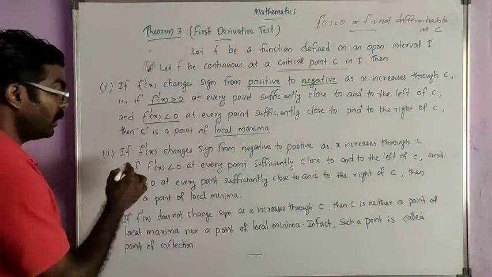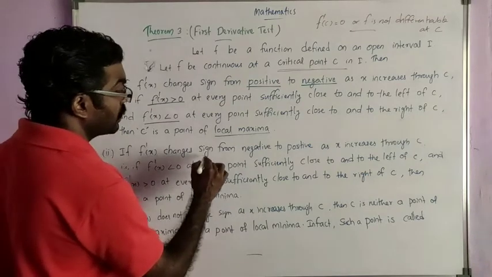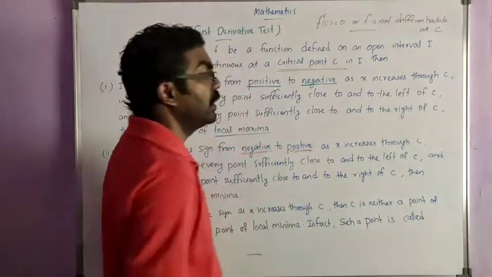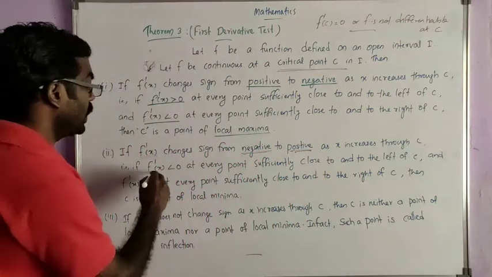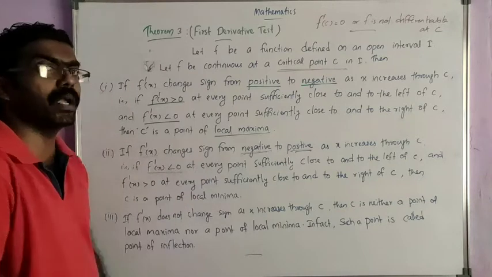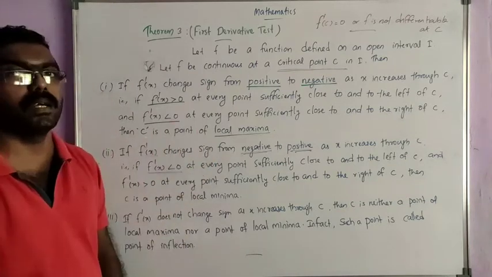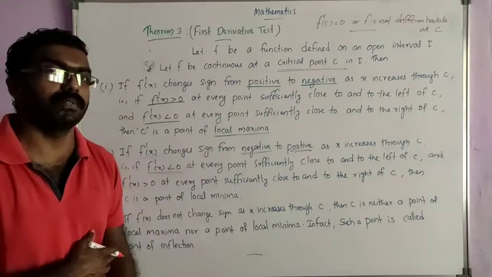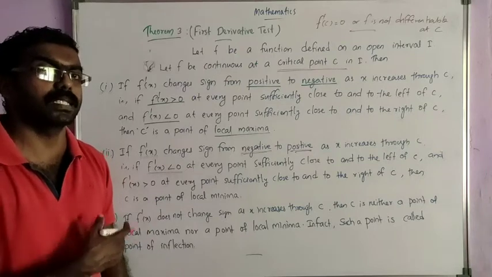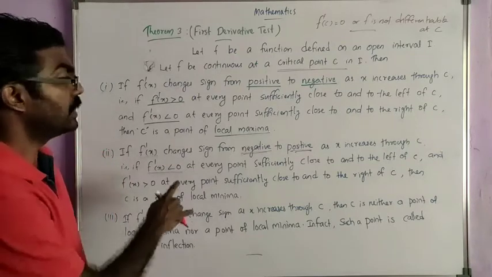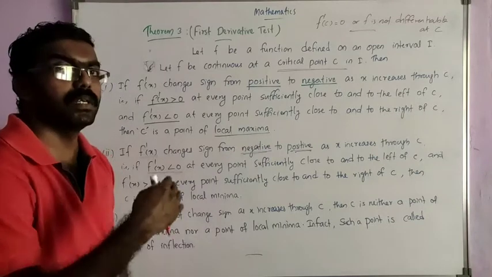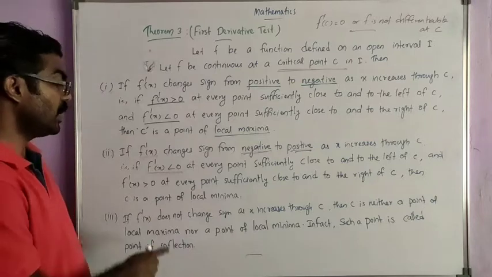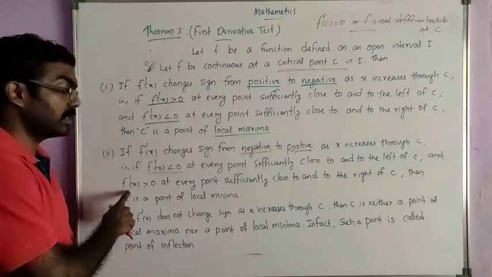Now look at the second point. If f dash of x changes sign from negative to positive as x increases through C, that is f dash of x is less than 0 at every point sufficiently close to and to the left of C. That means if we put values sufficiently close to and to the left of C, the sign of f dash of x is negative, and if we put values sufficiently close to and to the right of C, the sign of f dash of x is positive.